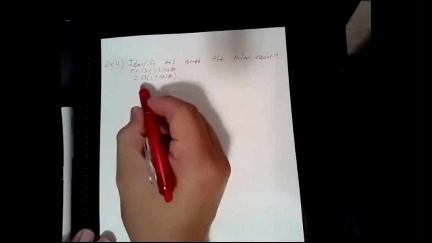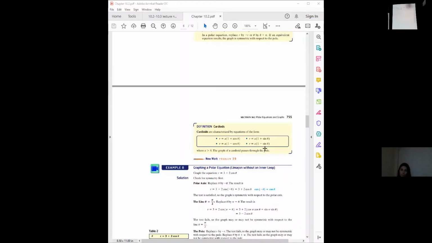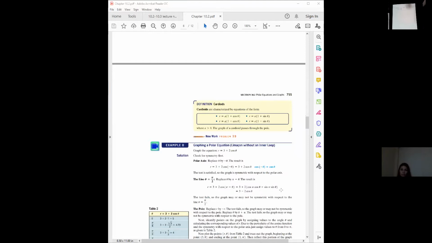So going back to the book here, we have some number A that can be factored out. So A times 1 plus cosine is what we have right now. And A is positive, so it's going to be a cardioid that passes through the pole, meaning it caves in a bit, as we saw in the picture.